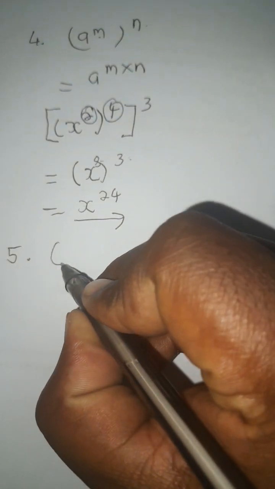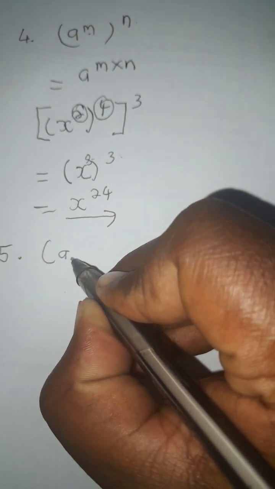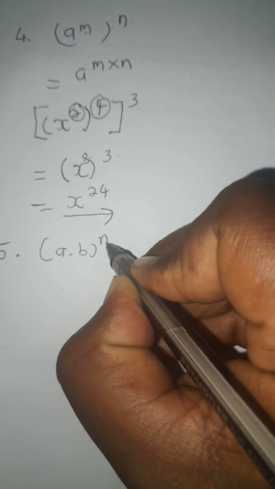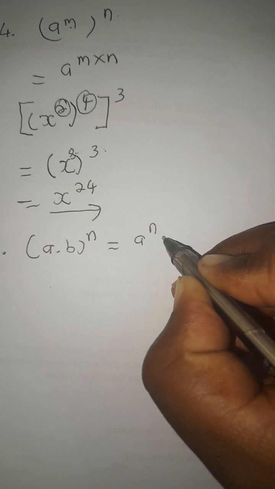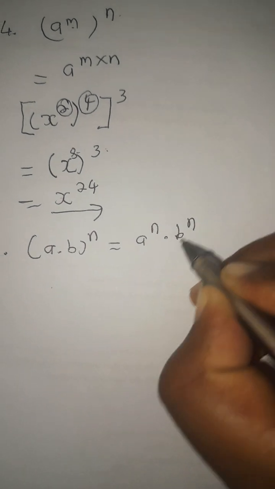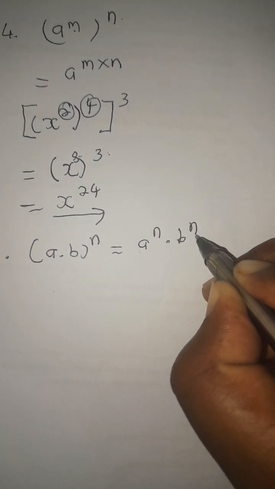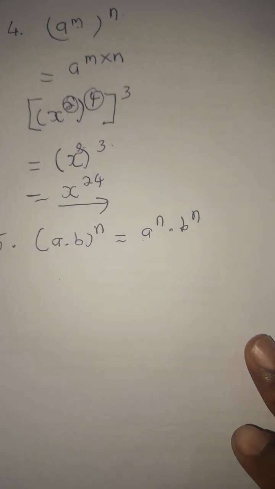So we are raising a product to a power. What do I mean? Let's say consider you're having a multiplied by b and n. This will be a to the power of n. Everything will be powered by n. A to the power of n multiplied by b to the power of n. That's what I mean.